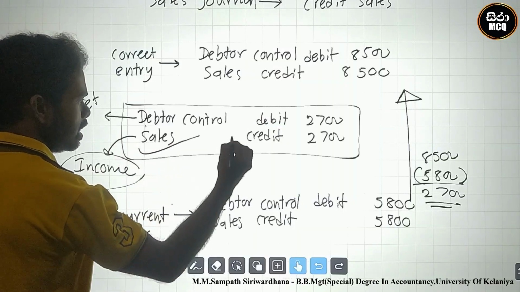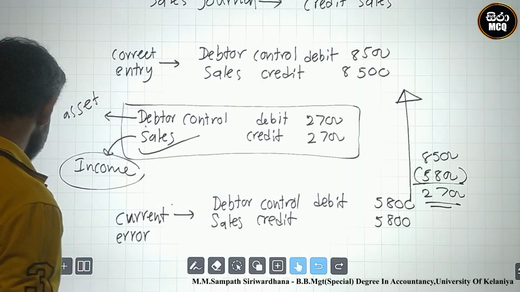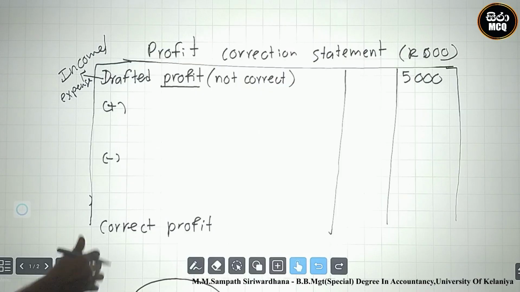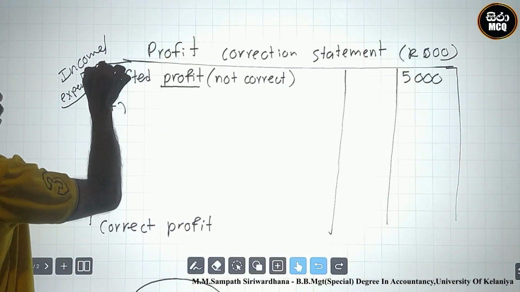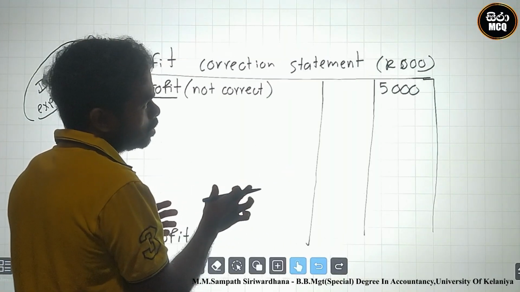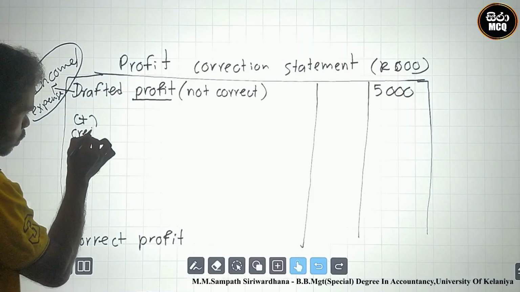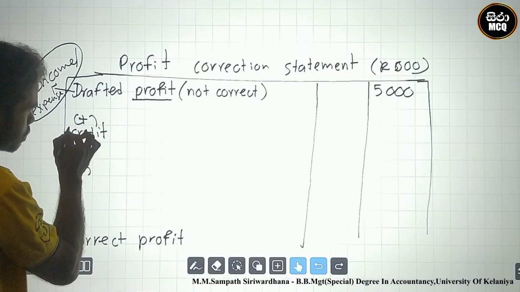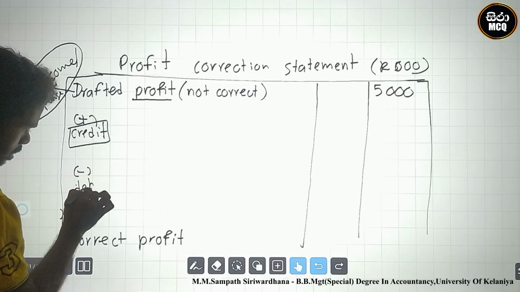Therefore, I select sales credit 2,700. At this stage, in the error correction method, we must use income and expenses. At this time, we must add only credit shorts. We must minus debit shorts.